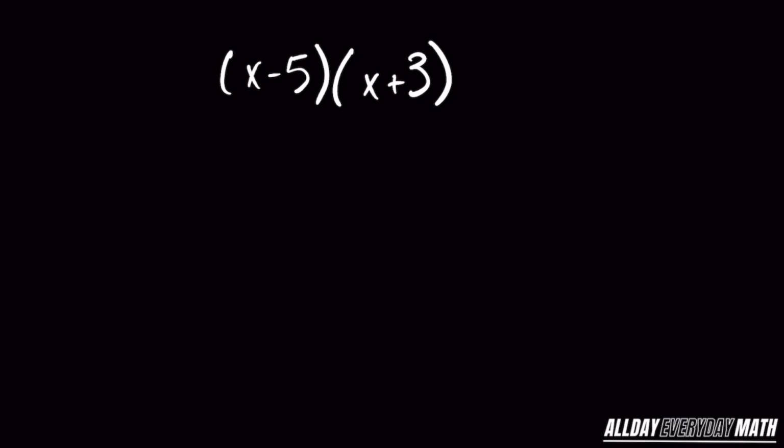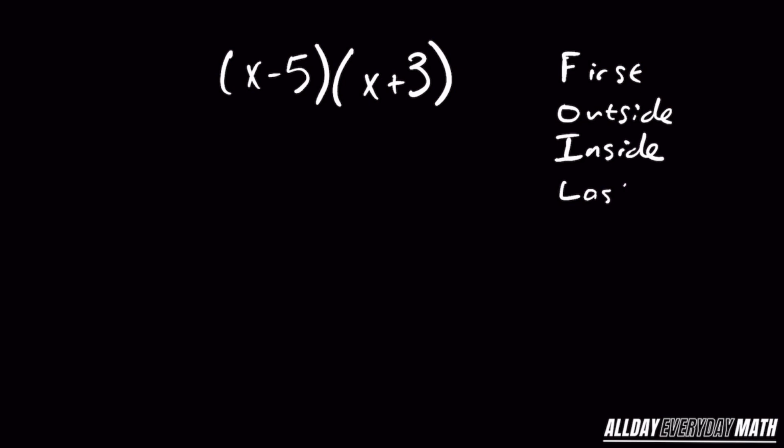So like I just said, we have to distribute or multiply each term in the first polynomial by each term in the second. Some people call this the FOIL method. So what that is, you write it out. So FOIL stands for first, outside, inside, and last.